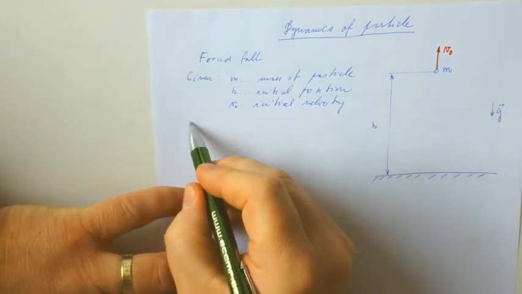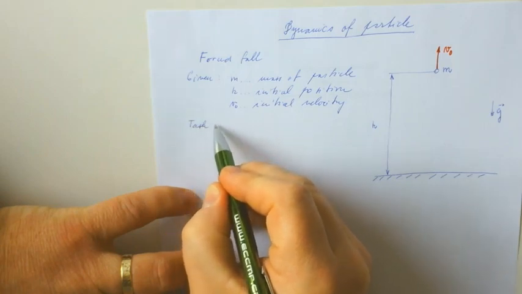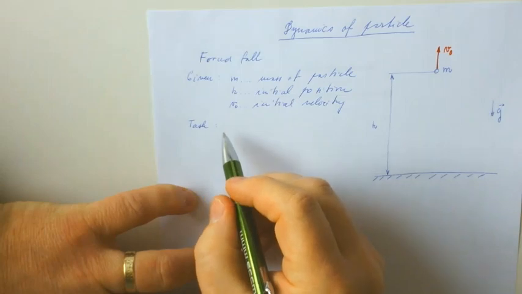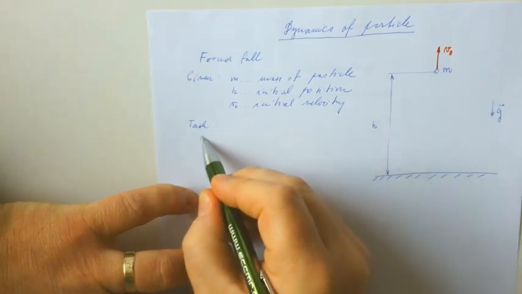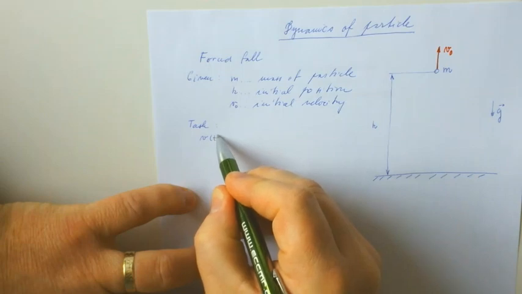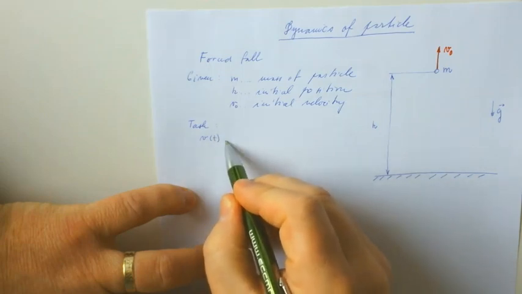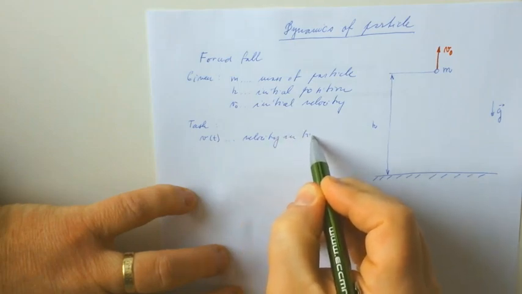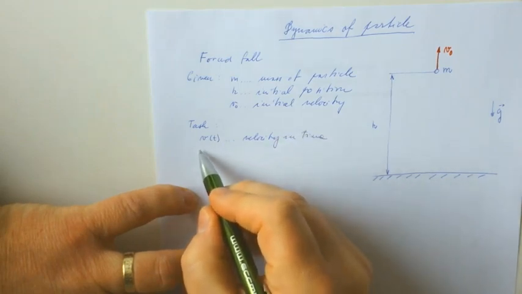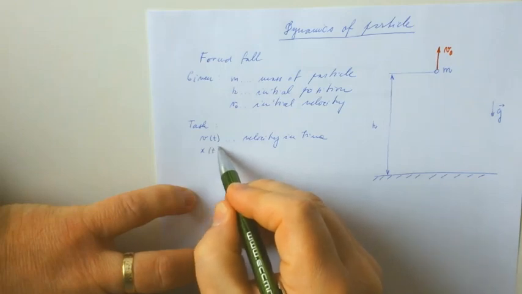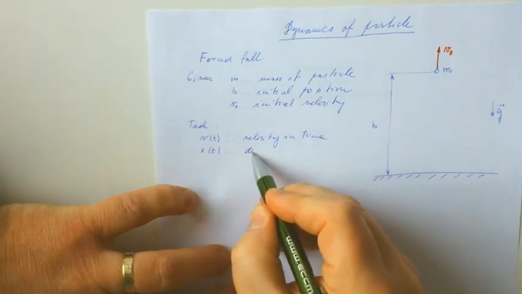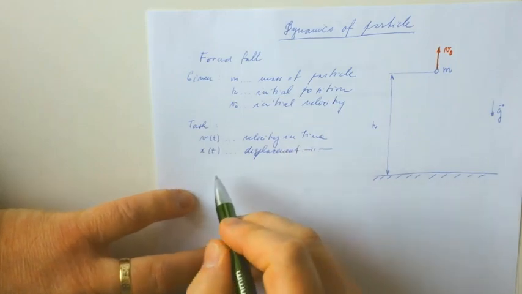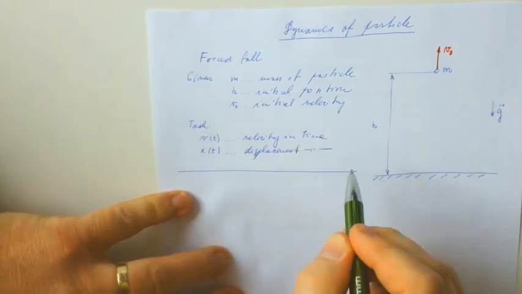We can calculate, for example, what is the course of velocity in time. So it's velocity in time. What is displacement in time? And a bit more we will see.